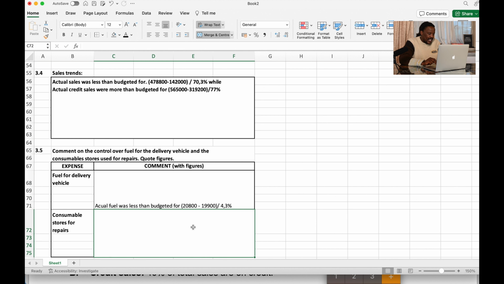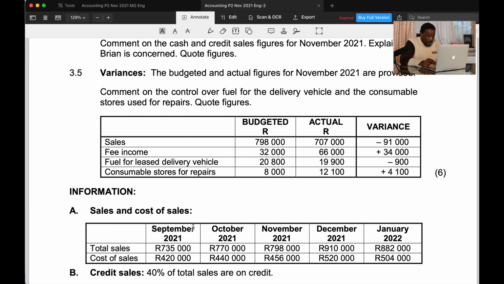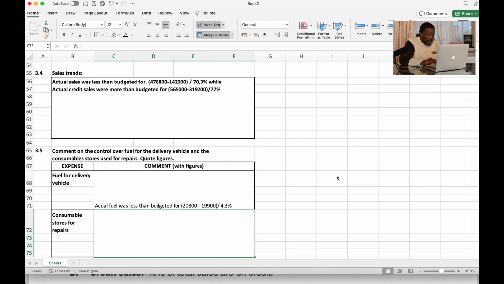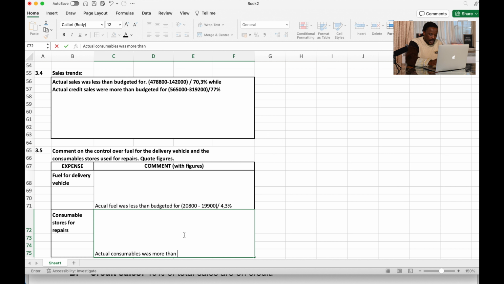You comment. You look at the marks. Comment on consumable stores because you don't have time now. Consumable stores, actual was more than budgeted for. Actual consumables was more than budgeted for by how much?